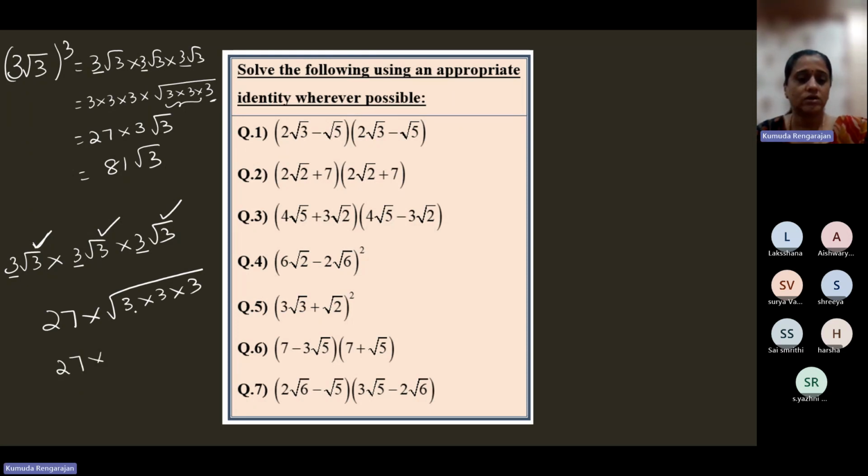From 2 equal factors under the square root, you can bring 1 out of the square root. So 1 3 comes out, but there's one more 3 that remains under the square root. So this one is 81 root 3. The answer is 81 root 3.